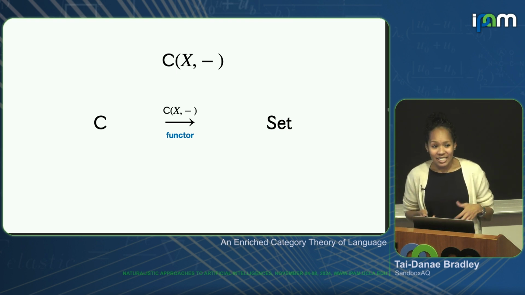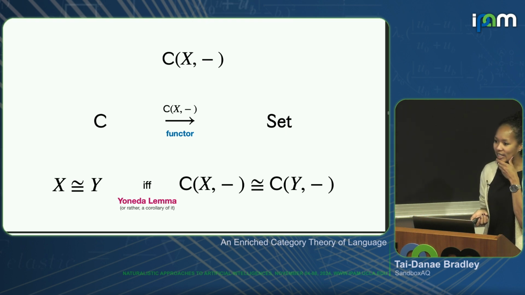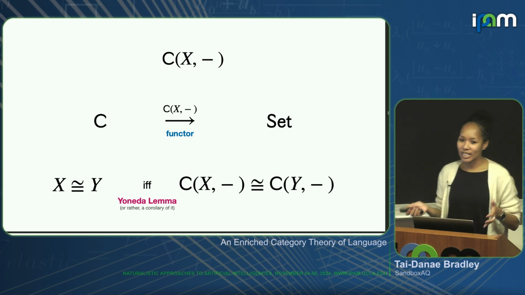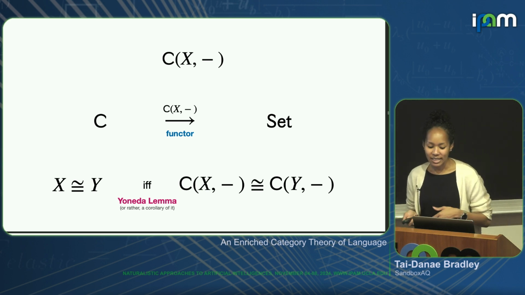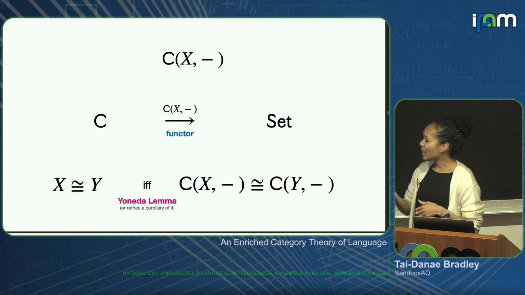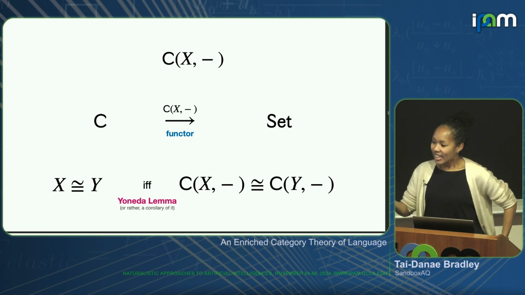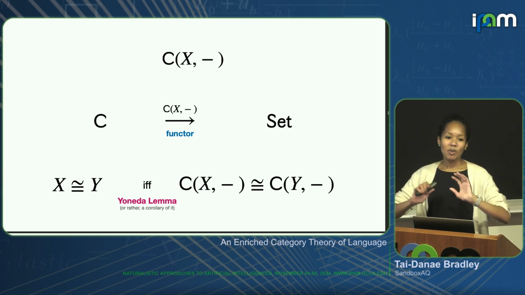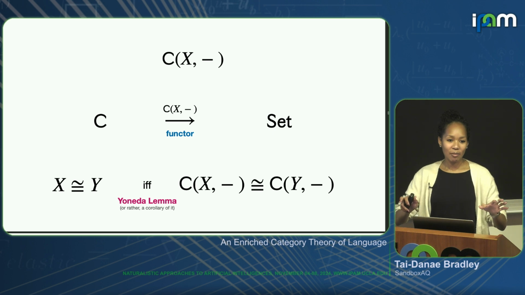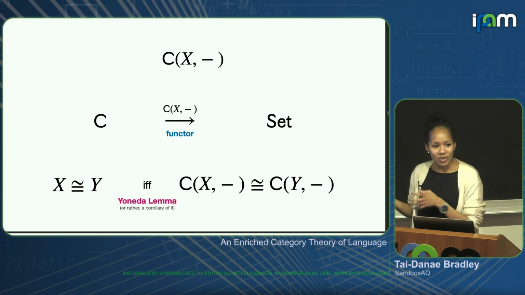And in what sense is this true? This is precisely the theorem I mentioned, the Yoneda lemma. The statement, or really a corollary of it, is a little bit technical and doesn't look too friendly. But the upshot is, this thing that you can prove when you have all these definitions, is that two objects x and y are isomorphic, they're essentially the same, if and only if the representable functors are isomorphic, are the same.